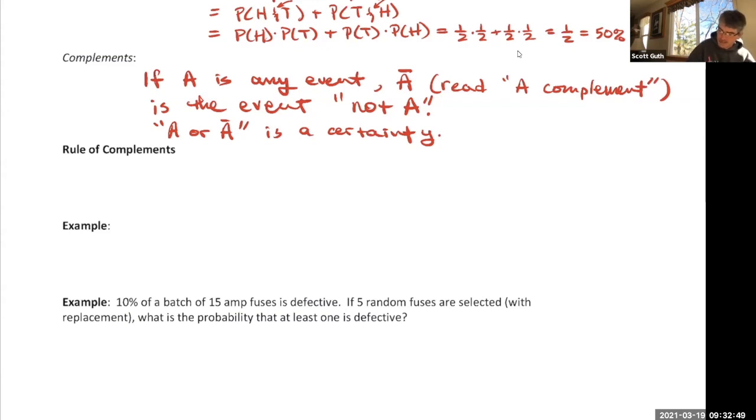So what I mean is the probability of A or A complement is 100%. One. One of those must happen. So the rule of complement says, okay, we can use the addition rule. If one of them must happen, that means the probability of A plus the probability of A complement has to be 1.